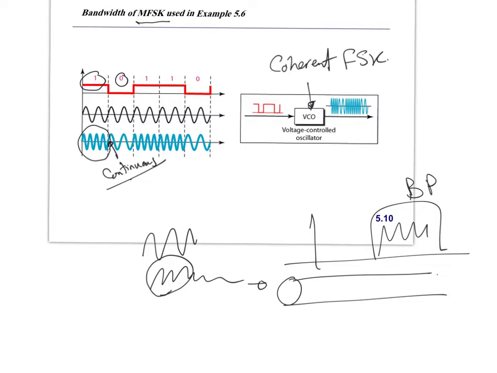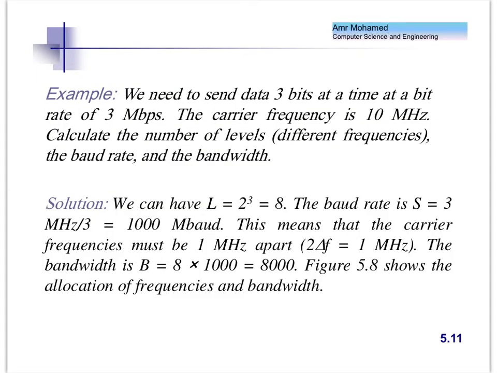So if we have more than just binary FSK, unlike the case of ASK, if we try to transfer 2 bits at a time and convert them into a symbol, then we will have a sine wave with different amplitudes.